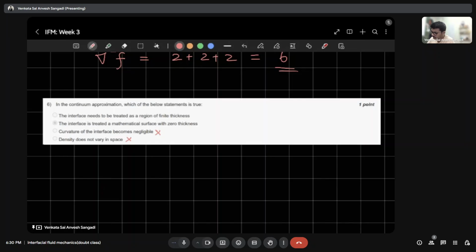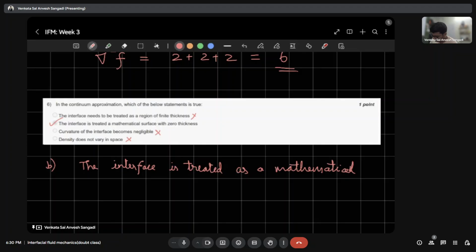So the answer is that the interface is treated as a mathematical surface.